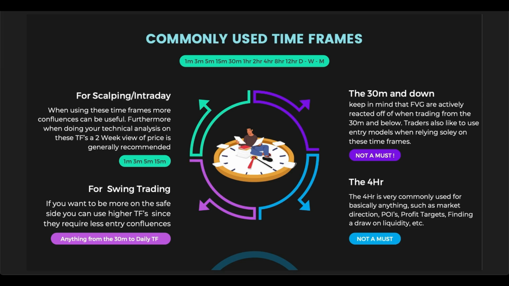Now, the 30 minute and down. Keep in mind that fair value gaps are actively reacted off of when trading from the 30 minute and below. Traders also like to use entry models when relying solely on these time frames. So when using the 30 minute and lower, you'll notice that price tends to miss order blocks and react off of fair value gaps more often than not.